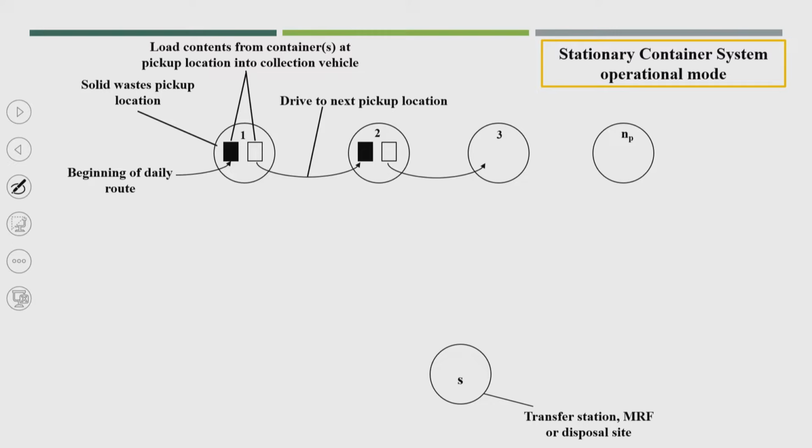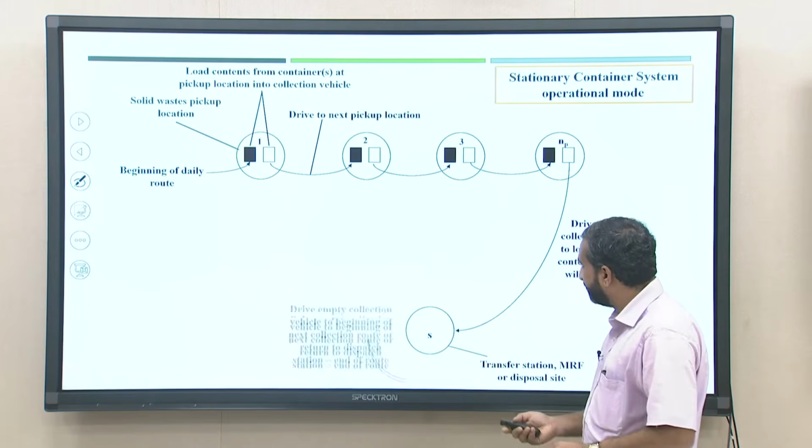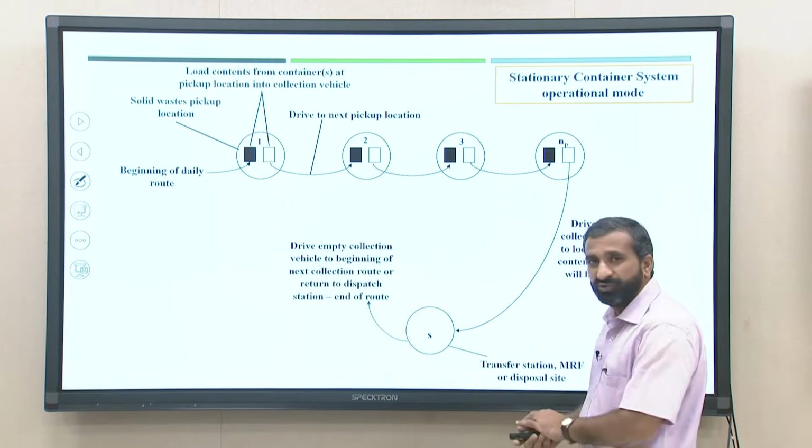Similarly, it goes to the different locations up to the nth location, and once the vehicle is completely full, whether it is a simple vehicle or a compactor vehicle, it finally goes to the transfer station, recycling facility, or disposal site. If time is available in the day, it starts the next route.